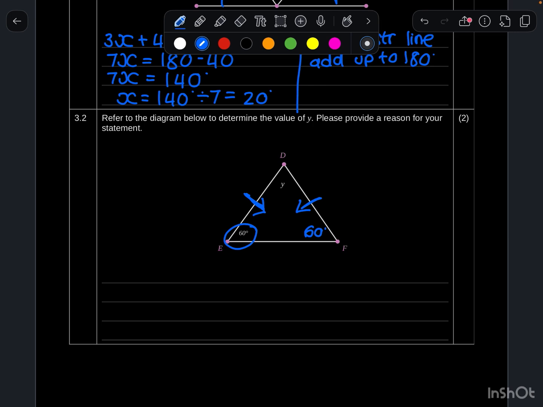So angle F is equal to angle E, which is equal to 60 degrees, because in an isosceles triangle, angles opposite equal sides are equal.